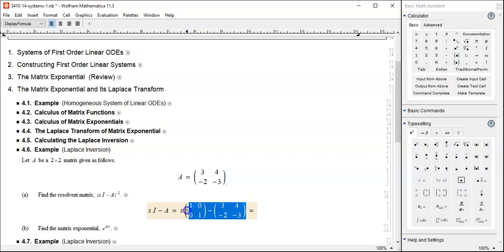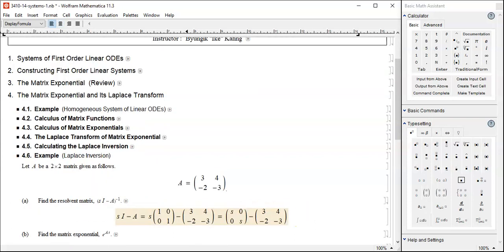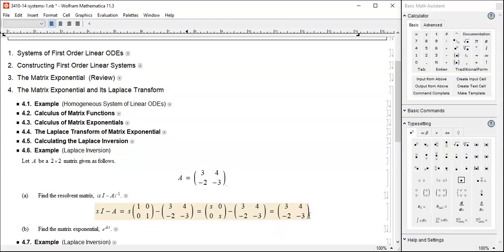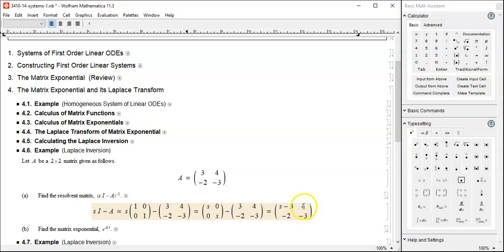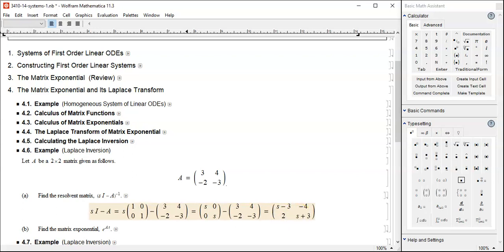So this whole thing can be rewritten, and therefore I'm going to get s minus 3 here, and then this is going to be 0 minus 4, and this is going to be 0 minus of negative 2, and then this is s minus of negative 3.